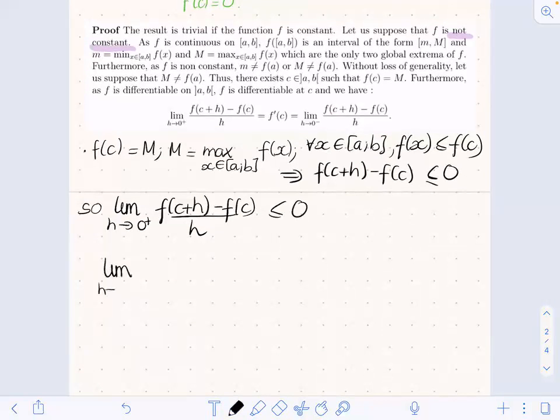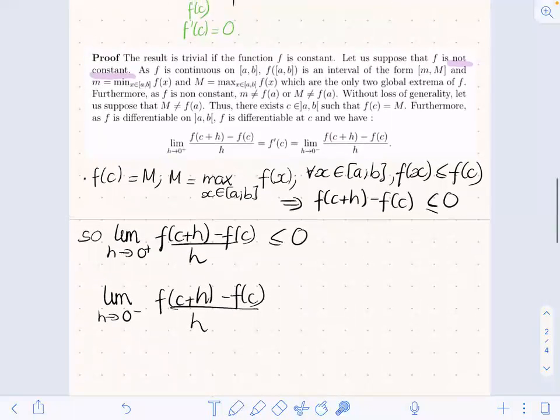And if you take the limit where h goes to 0 minus, what do you get? So this is negative, and in this case h is going to 0 from the left-hand side, so in particular it's negative. So what's the sign of this limit? Positive. Yeah, absolutely.